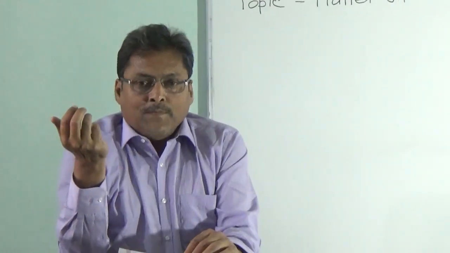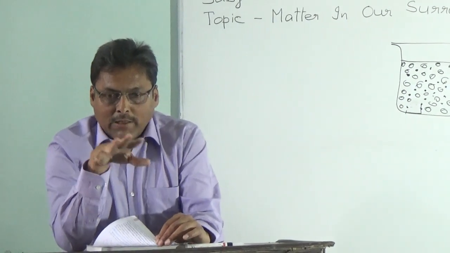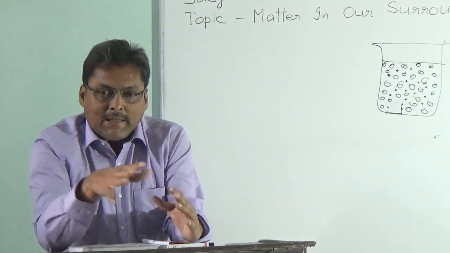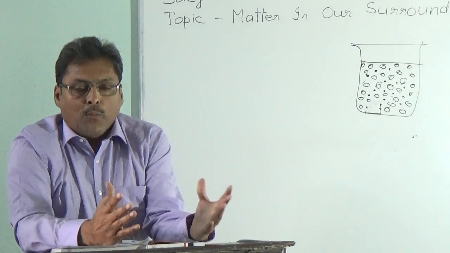The second part is that the same experiment proves that the small particles are always in motion. They are always moving. They must have some kind of kinetic energy in them. Always. Keep these two points in mind, and we will now explain what is solid, what is liquid, and what is gas, using this kinetic theory of matter.